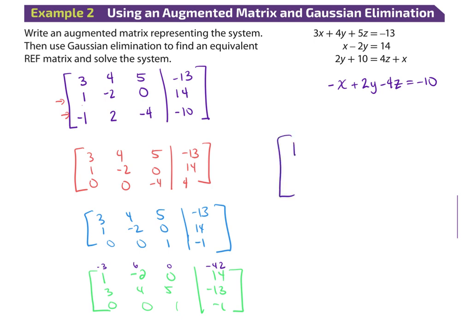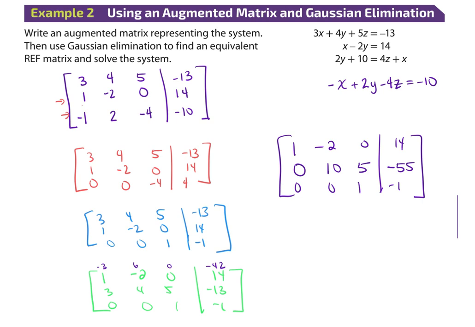Leave my first row alone. Leave my third row alone, rather. And then just simplify this row. +3 and -3, that guy zeroes out. +6 and 4, 0 and 5, -42 and -13. All right.